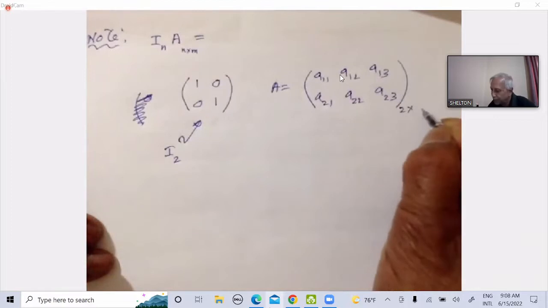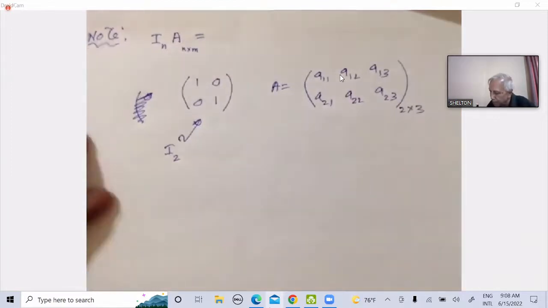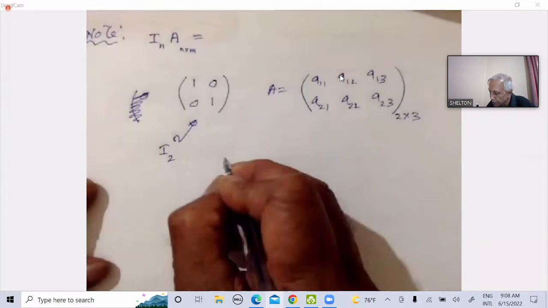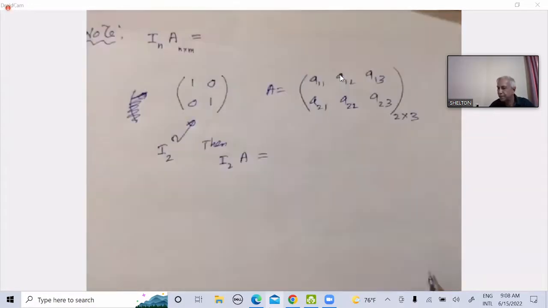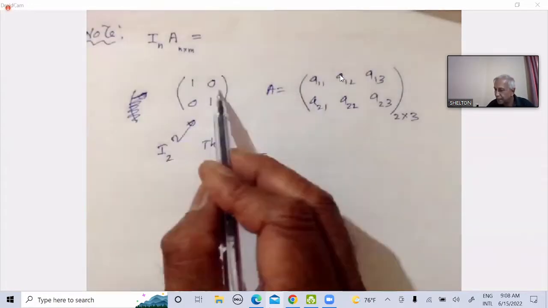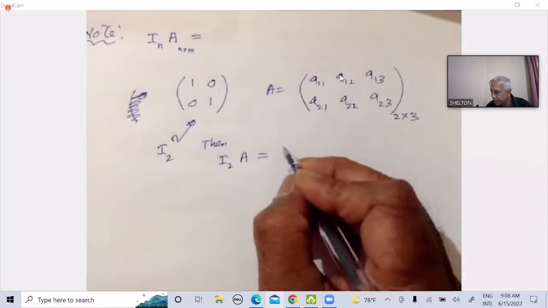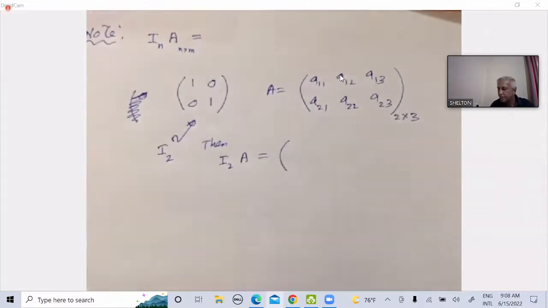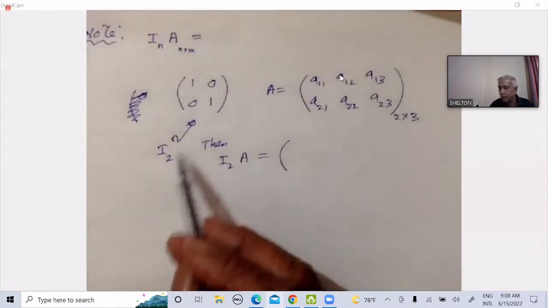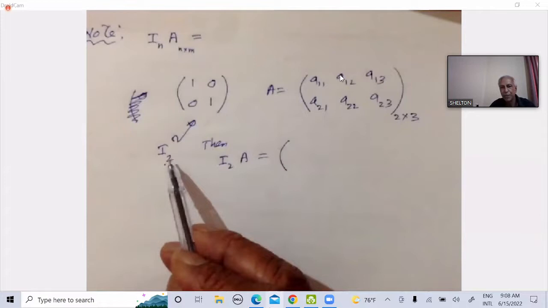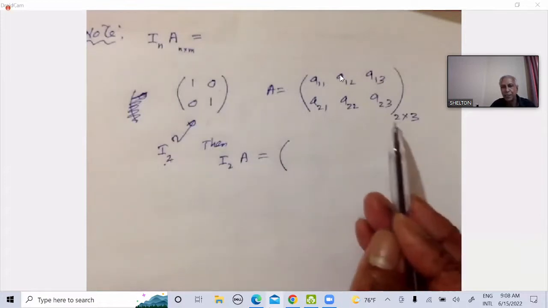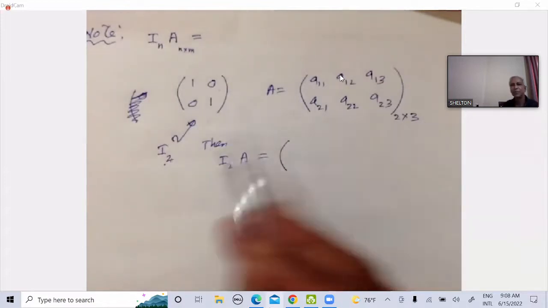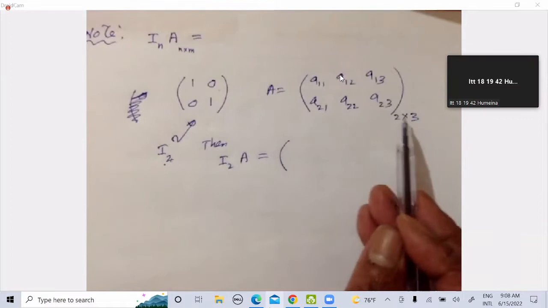What is I2 times A? I2 times A, this multiplied by this. What do you get? It will be 2 by 3 also. This is 2 by 2, 2 by 3, so 2 by 3.